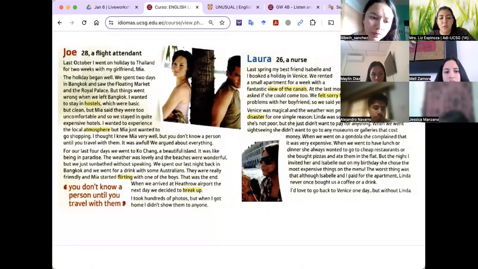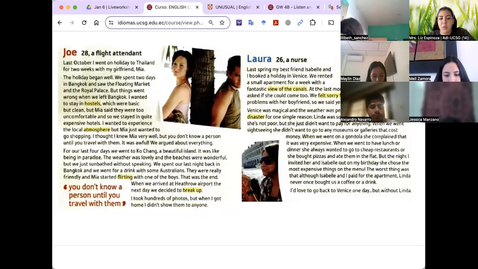Who can give me an example of a hostel? Hostel is a hostal. Okay, so it's similar to a hostel. Maybe it's not as expensive as a 5-star hotel, but not so cheap as, I don't know.